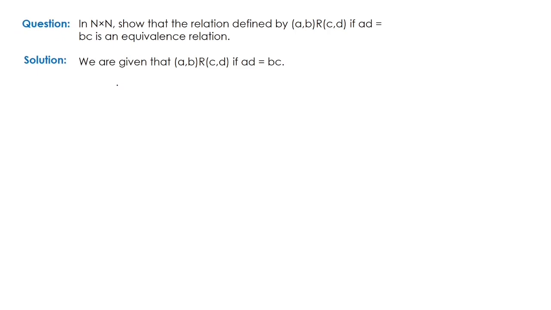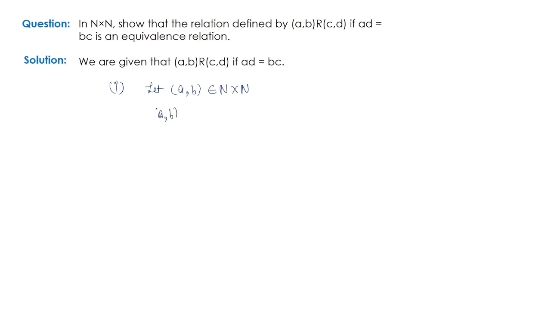Now the first point here is to prove the reflexivity. For reflexivity we consider what? A single element from the set, and the set is my N cross N, which contains ordered pairs. So my element here is A comma B. Now I have to define the relation on it.